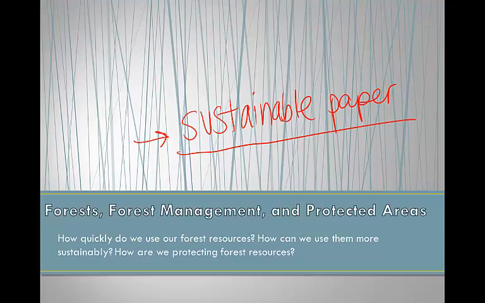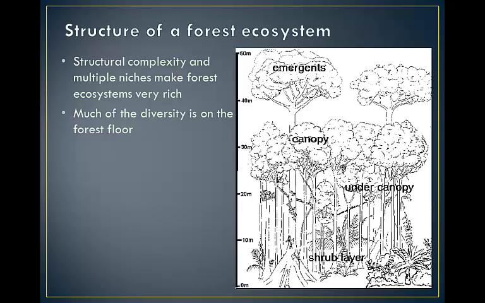Before we get into the details of how we can do that, we need to review some basics about forests and forest structures. A forest, let's write down a definition for forest. It's a very simple definition. It's just any ecosystem with a high density of trees.